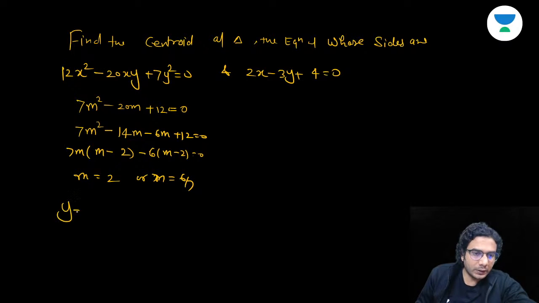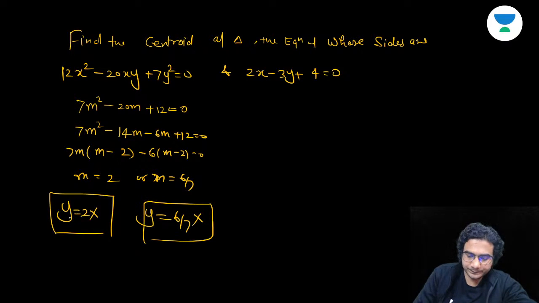Now y is equal to 2x, this is one equation, and y is equal to 6 upon 7 x, this is another equation. Then you can solve it with these lines.